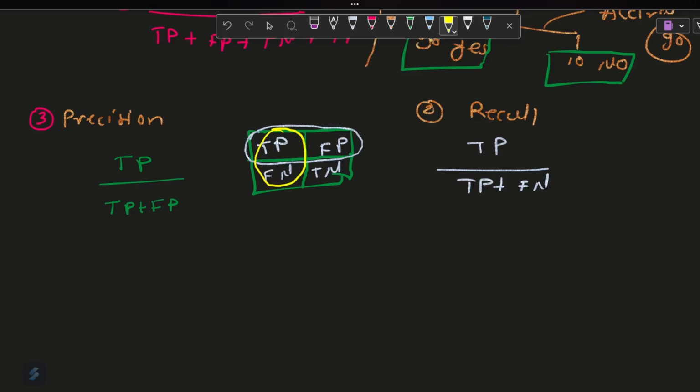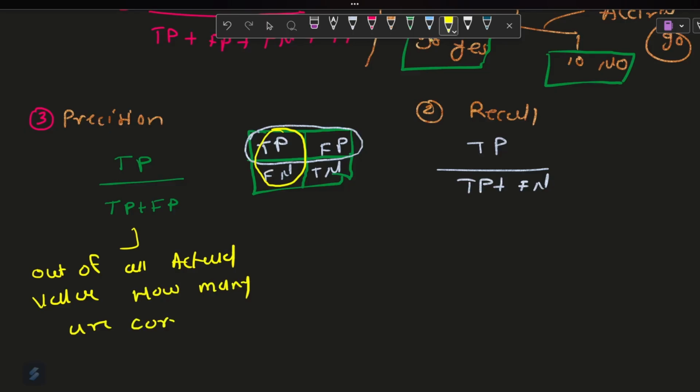In that case, the question is, when you draw the precision, out of all the actual values, how many are correctly predicted?